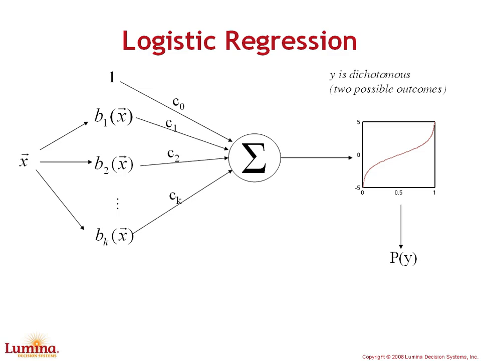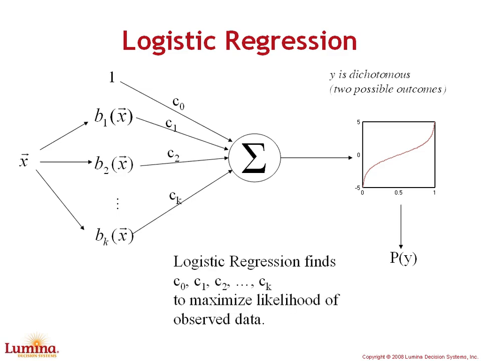Okay? So like I mentioned, in logistic regression, the Y value is considered to be a dichotomous event, meaning it's either true or false. There's just two outcomes. So this forces your output to be between 0 and 1, and then the actual process of finding the coefficients does it with that linkage function in mind.